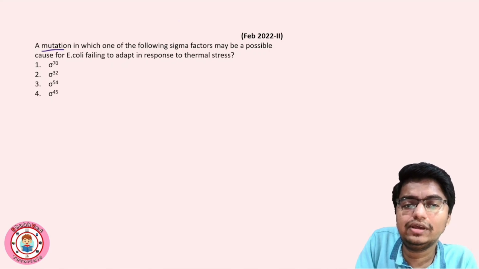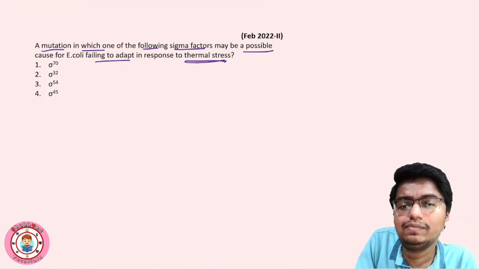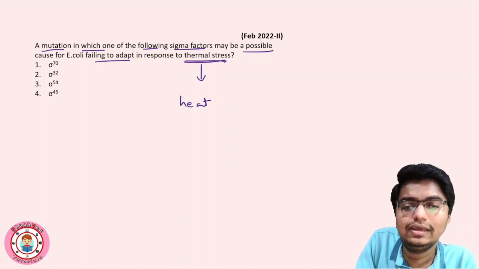A mutation in which one of the following sigma factors may be a possible cause for E. coli failing to adapt in response to thermal stress? Thermal stress is again heat shock only. Thermal is related to heat, right?